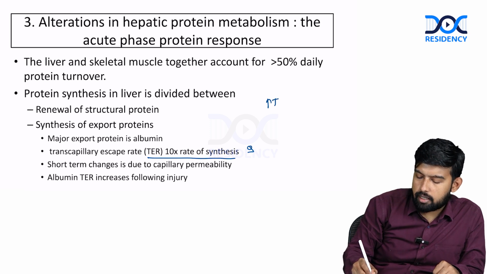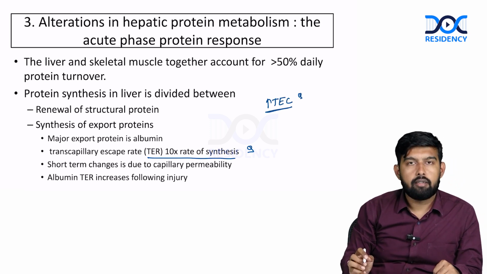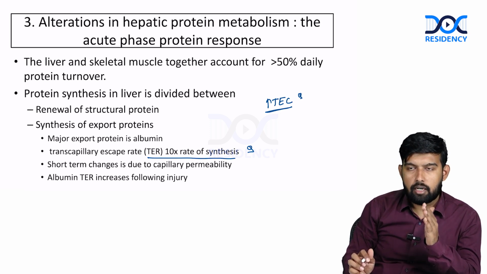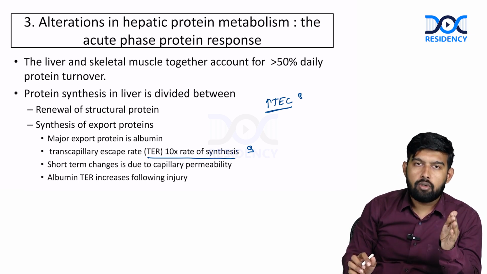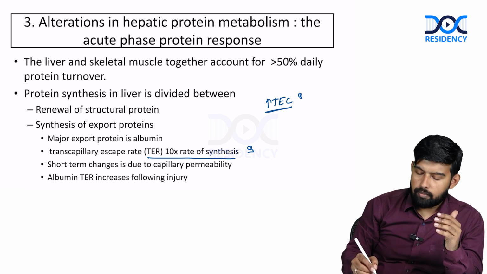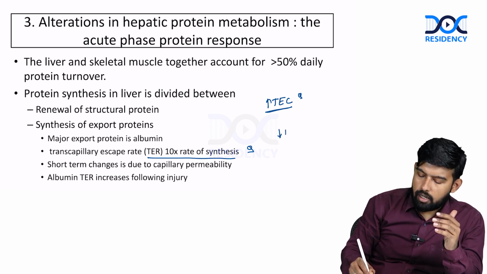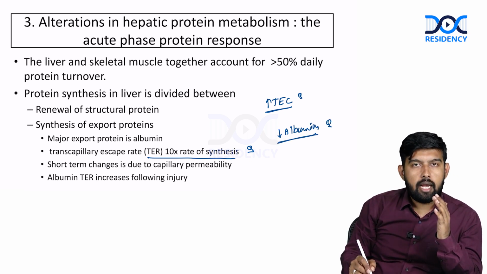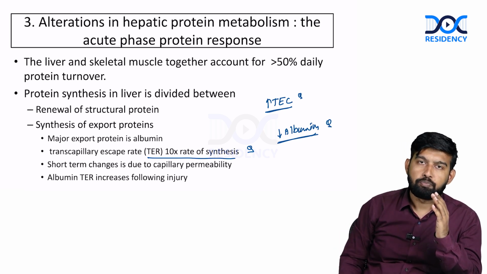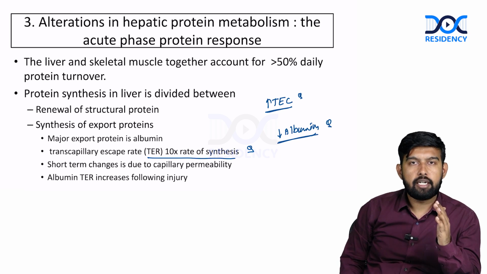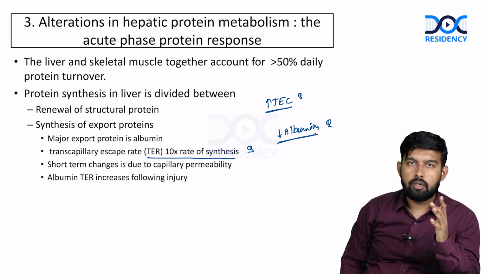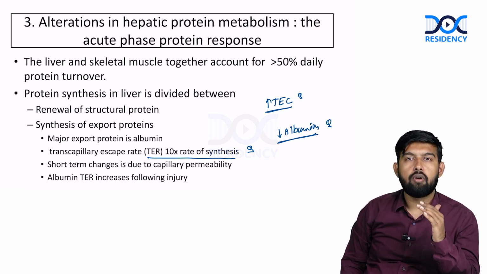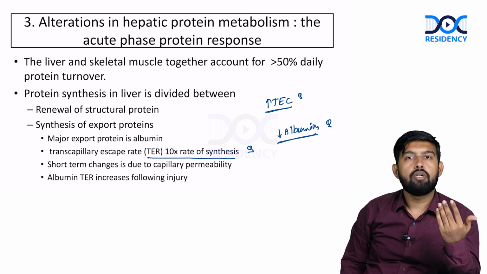The albumin which is present in the intravascular compartment goes into the tissue compartment, and during this phase there is a fall of albumin level in the systemic circulation. So, during the acute phase of the wound or trauma or surgery, there is a decrease in the albumin concentration, which is due to the increase in the transcapillary escape rate and not due to an actual fall in the albumin. So, albumin is diverted into the tissue compartment.